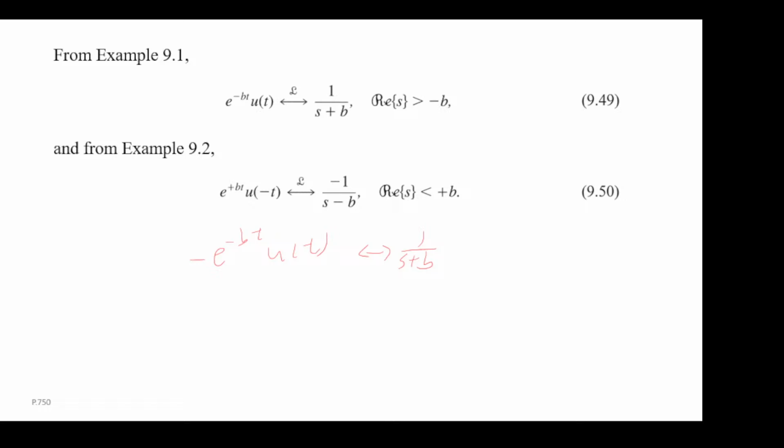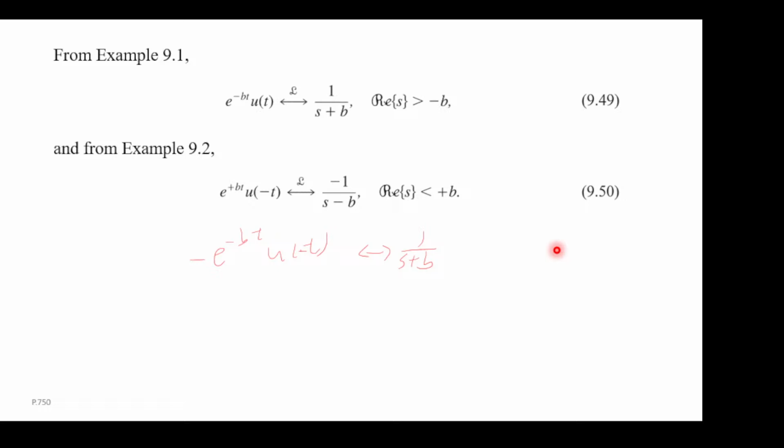If you do a change of variable on this, you go from plus b to minus b, so you get an extra negative sign on b, and you have the extra negative sign here, so you get an extra negative sign in the transform.